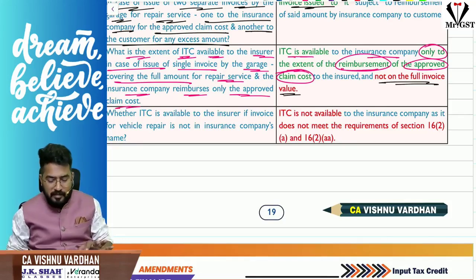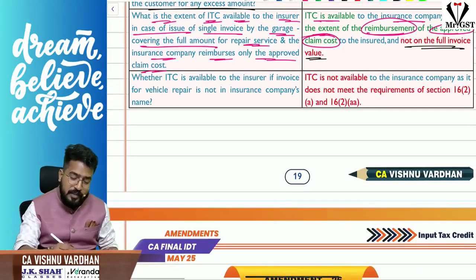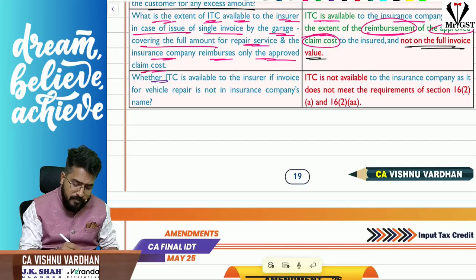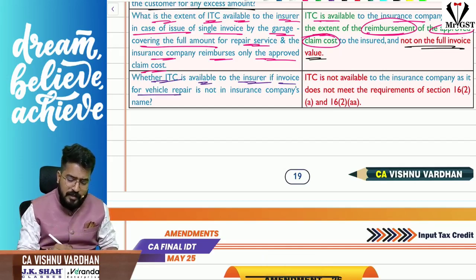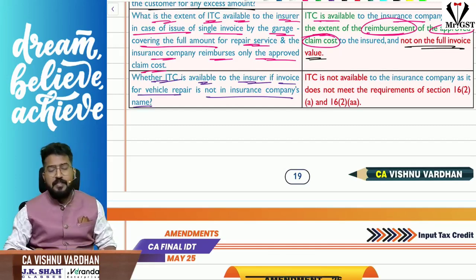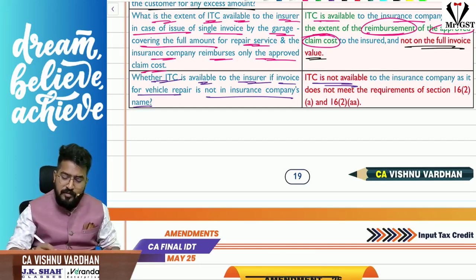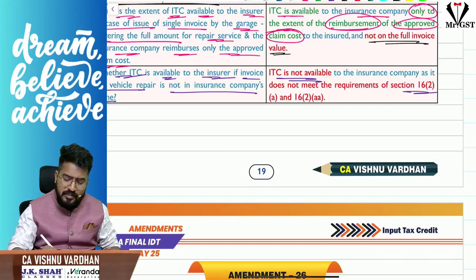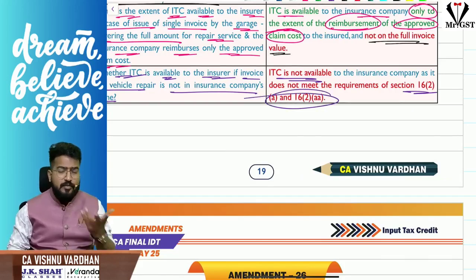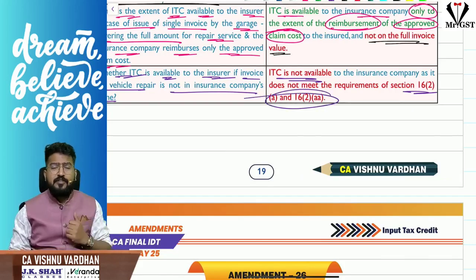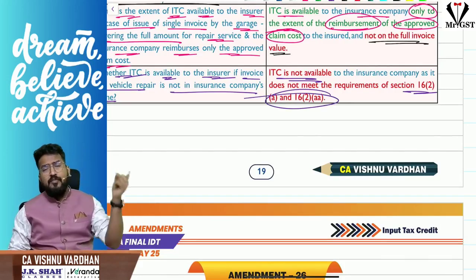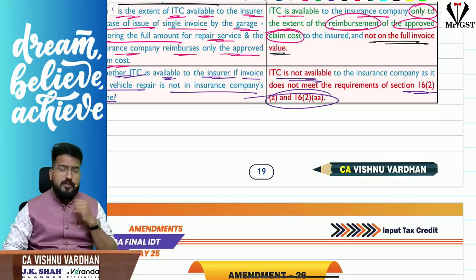This is another thing. So finally, whether ITC is available to the insurer if the invoice for vehicle repair is not in the insurance company's name? Obviously ITC is not available. You know, section 16 subsection 2 says you should have documentary evidence of the invoice, and if that invoice is not in the name of the insurance company, how will it get reflected in GSTR 2B of the insurance company?